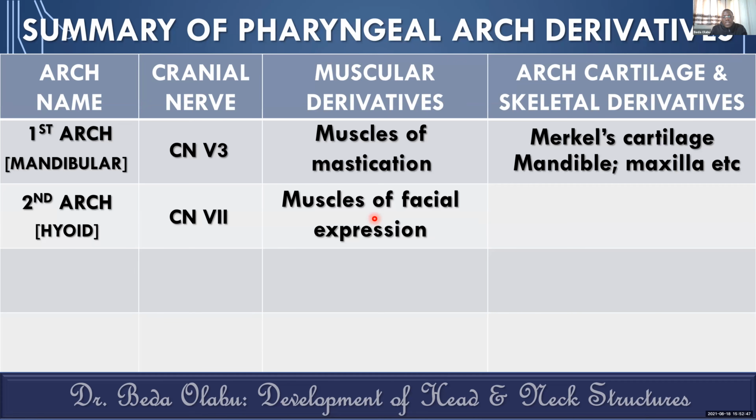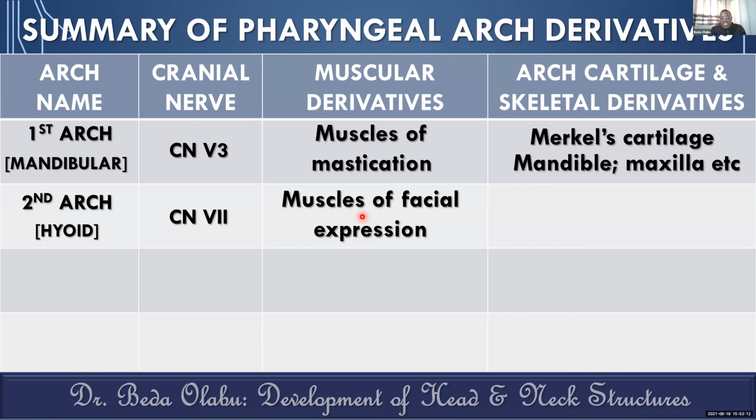Then you also have the muscle that we call stylohyoid muscle. That one also comes from the second pharyngeal arch, as well as the platysma muscle.